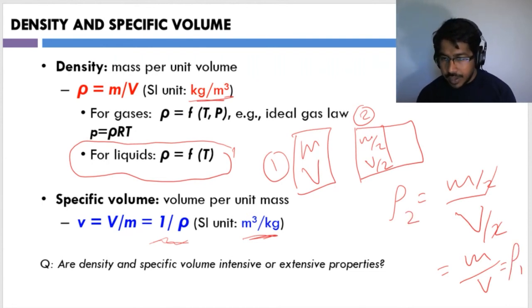So basically, Nathan, your question is right. Specific properties are always intensive properties, okay? So density is also a specific property, right? Awesome.